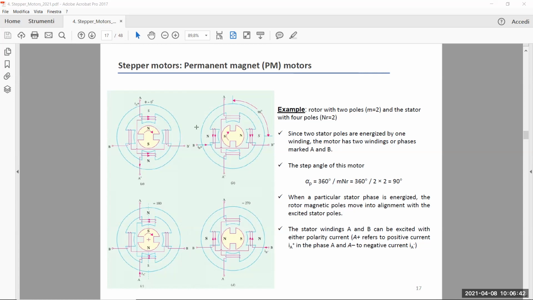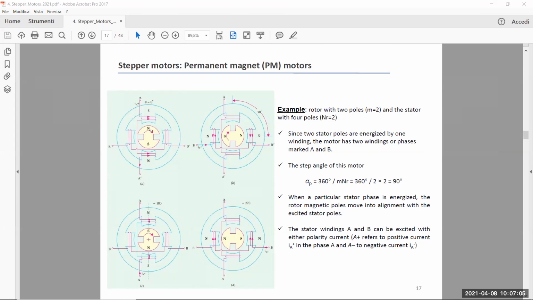it before Easter. Here there is a very simplified schematic description of the operating principle of this kind of motor. In this situation, we have four stator poles, indicated in this slide by this expansion.